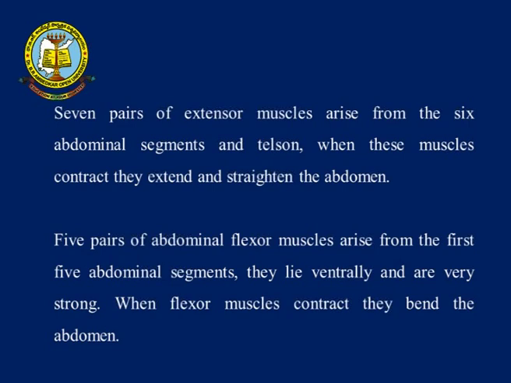Then there are 5 pairs of abdominal flexor muscles arising from the first 5 abdominal segments, lying ventrally and very strong. When the flexor muscles contract, they bend the abdomen. So, when the extensor muscle contracts, it straightens the abdomen, and when the flexor muscle contracts, it bends the abdomen.